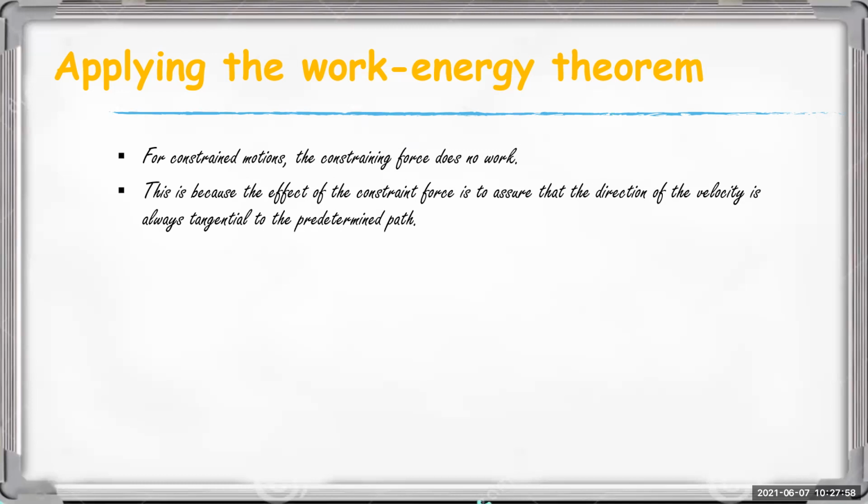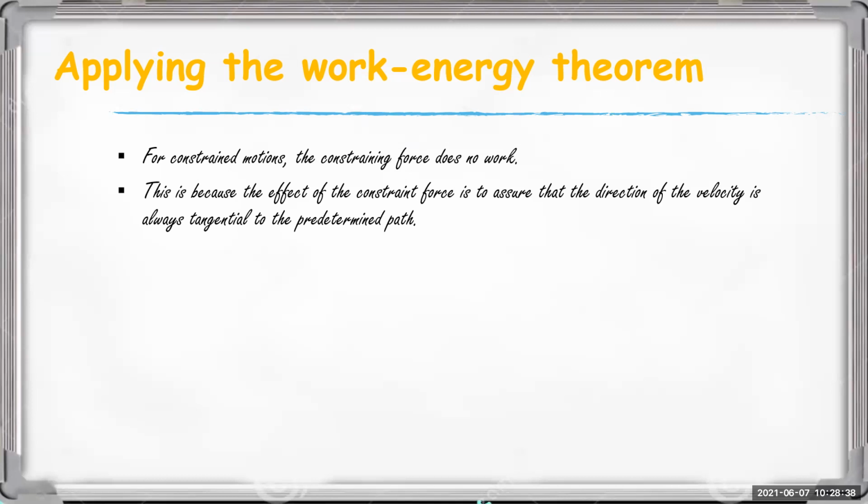Just consider a constrained motion, a circular motion. We take a string and a stone. The stone is tied at one end of the string and we whirl the stone in a circular path.